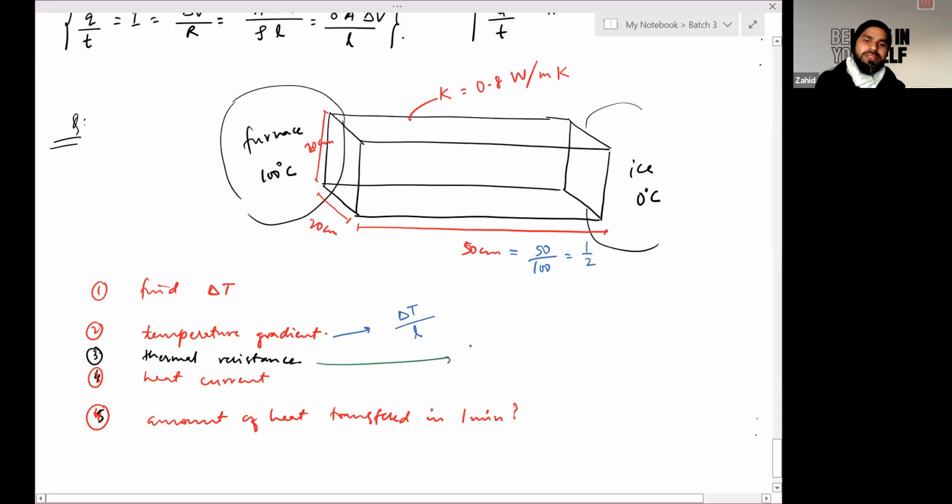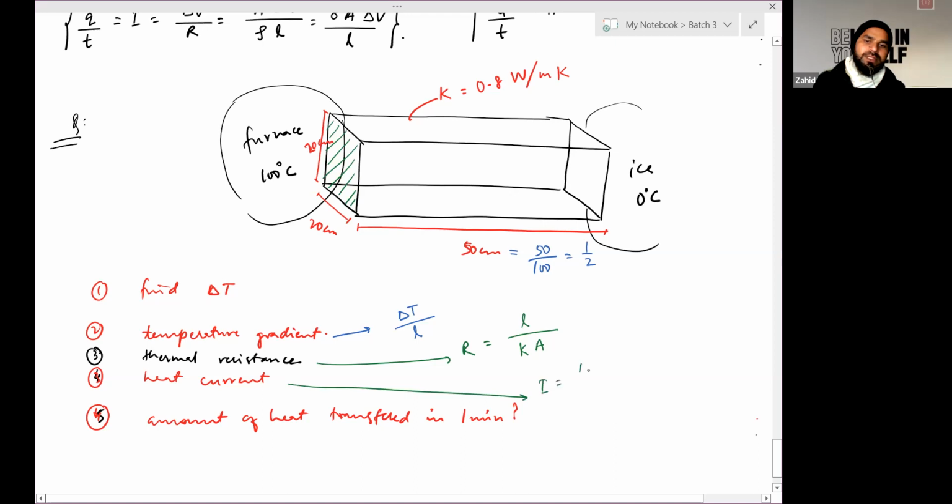Next, for thermal resistance, R equals length divided by K into A. We have length. We can calculate area of this particular face. And we have K. Then use Ohm's law.